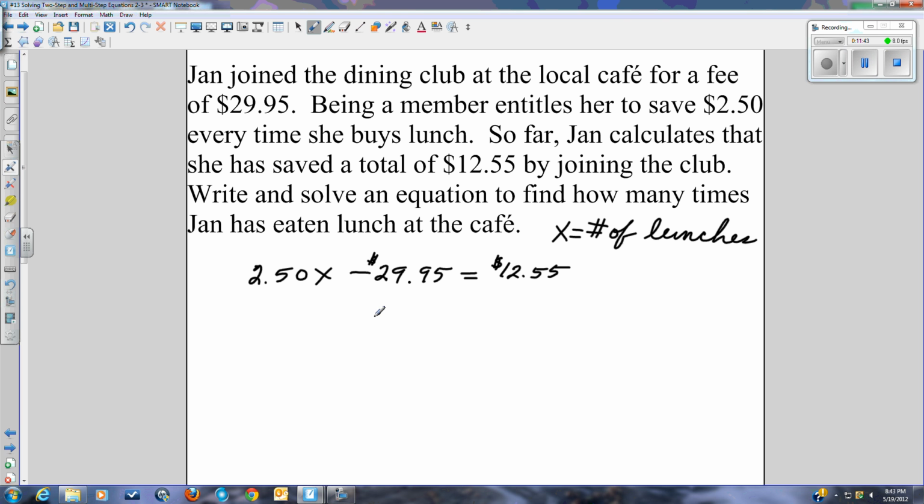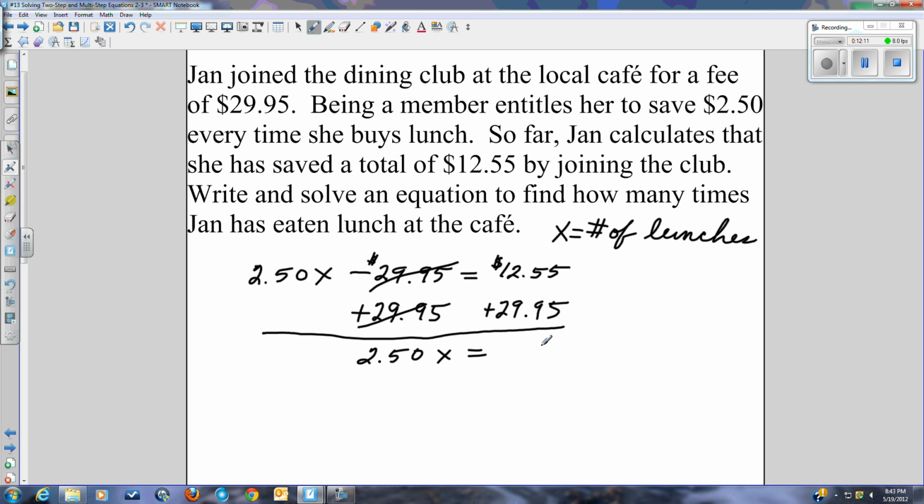Now what we want to do is solve this equation for x to find out how many times she's eaten lunch there. Well, let's do addition or subtraction first. The opposite of subtracting $29.95 is adding $29.95, which we'll do to each side. $29.95's cancel, and we have 2.50x equals $42.50.